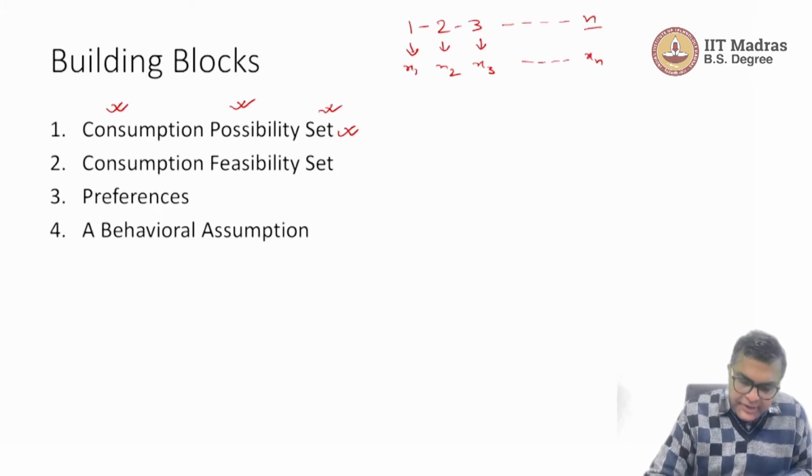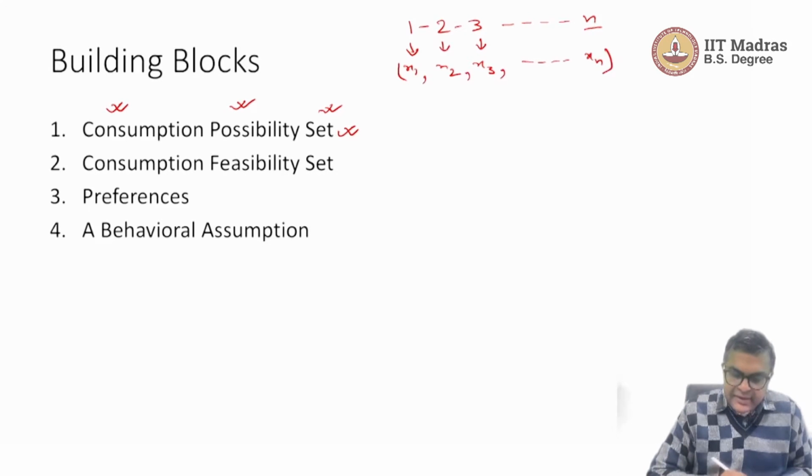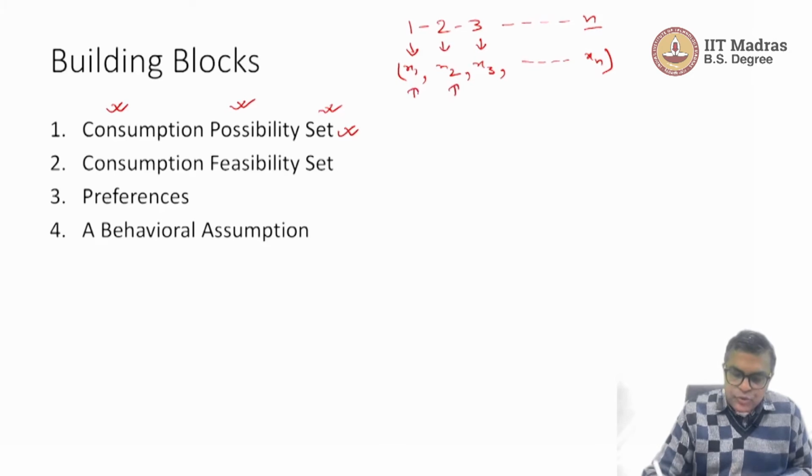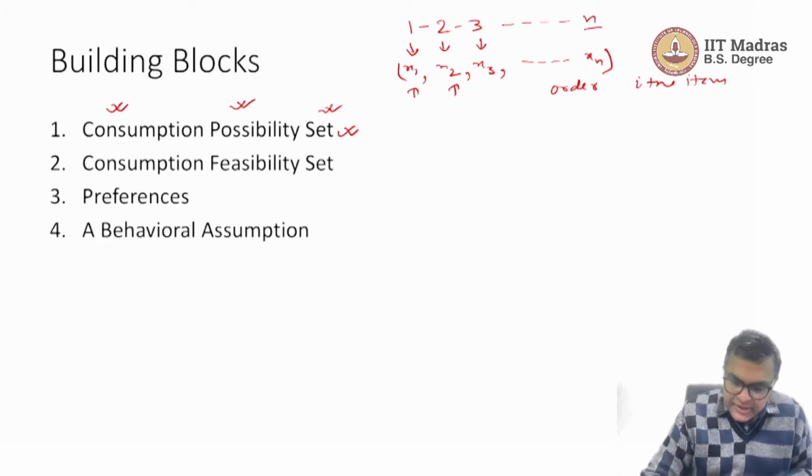So, we can put it in the bundle form, and rather than saying every time that it is for the first good, it is for the second good, we will assume that they are in order. So, if the ith item represents the consumption amount of the ith object or ith good, that is what we can say.